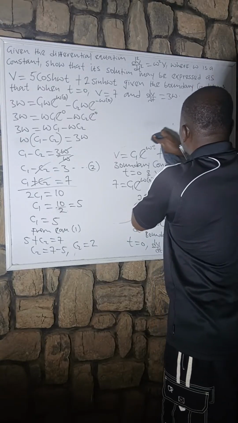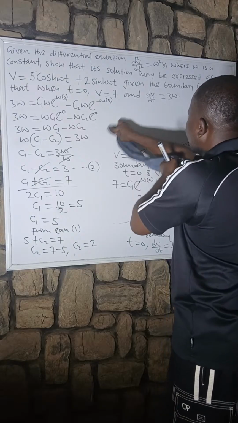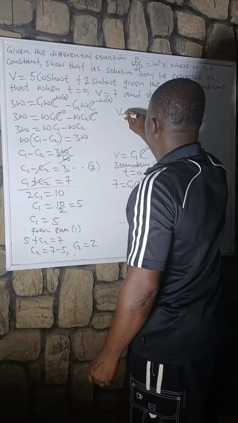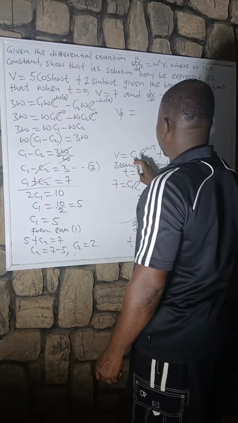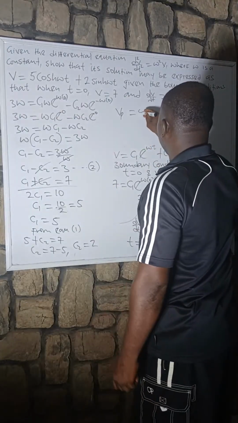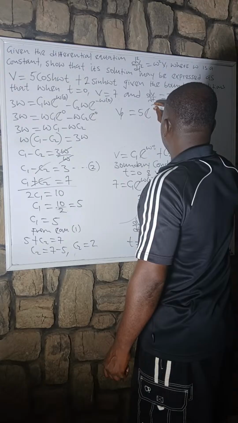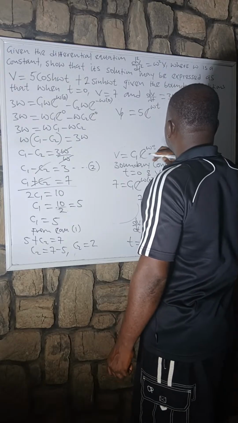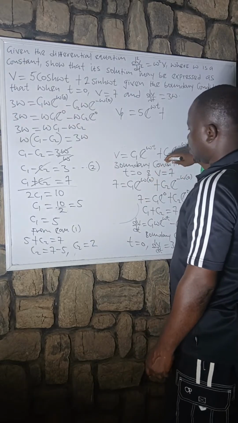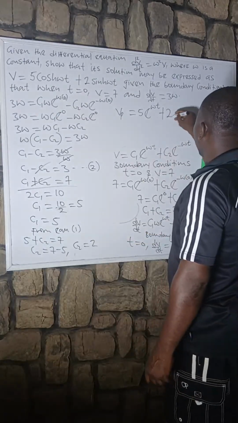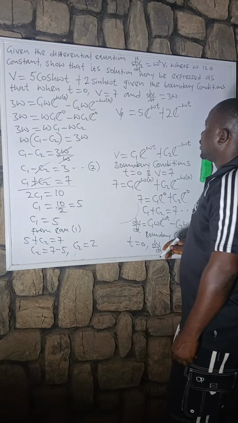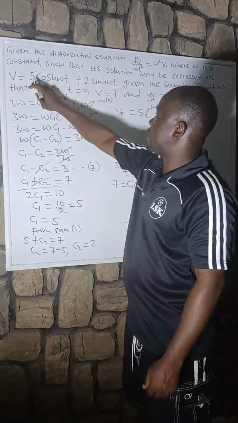Now our particular solution, v particular, is equal to c1, which is 5, so 5 exponential omega t, then plus c2, which is 2, exponential minus omega t. So now they said we should express it in this form.